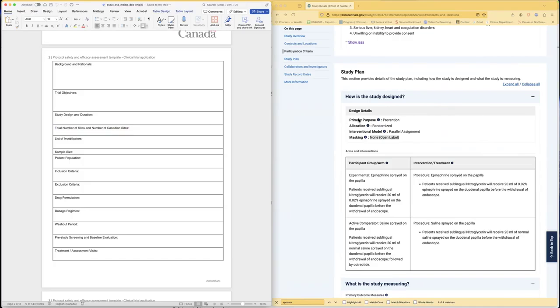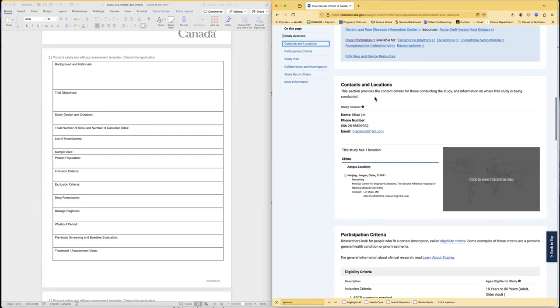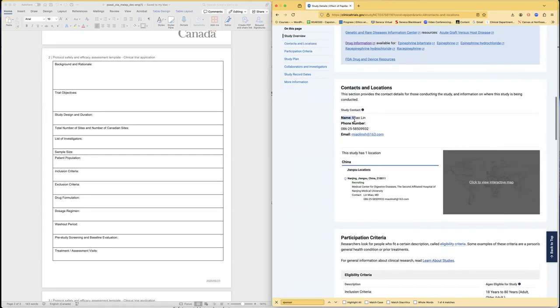Then for a list of investigators, we also find out in the contacts and locations. So for the contacts, we see that we just have one person. We don't know if the person is an investigator or not. This is why, again, if this is an exercise for completing a PSEAT document, we are just going to put hypothetical information.